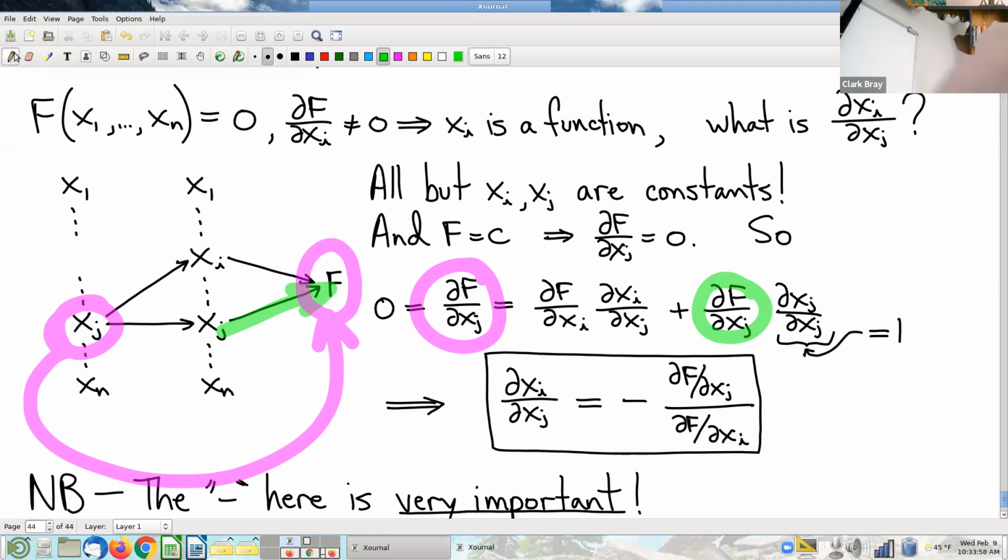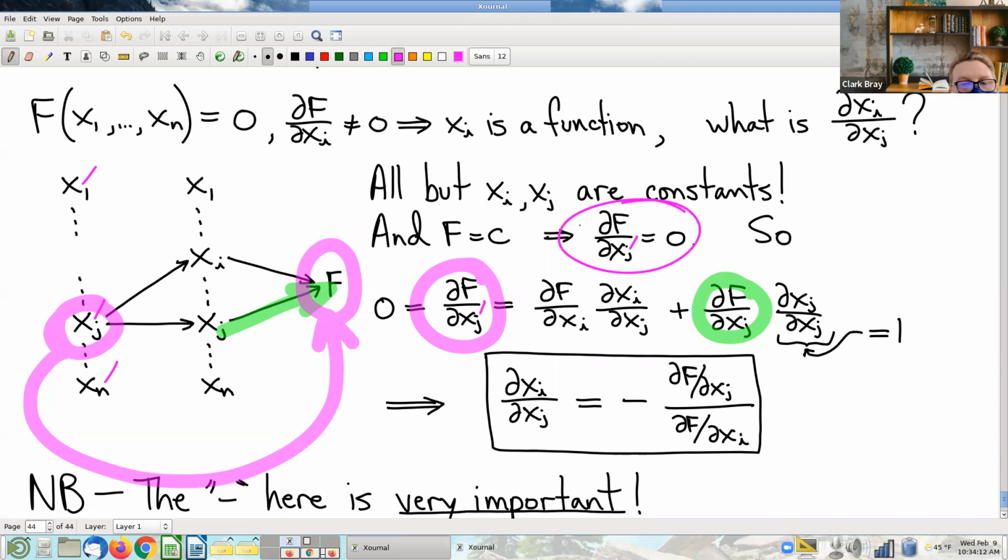If you want to fix this, the fix would be to rename these new variables over here with primes, right? And it's the partial with respect to xj prime, arguably, that's equal to 0. But the immediate partial derivative of f with respect to just xj, that one right there, well, who knows what that is, right?